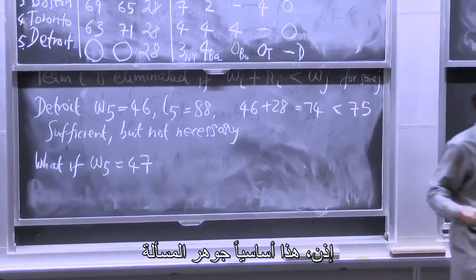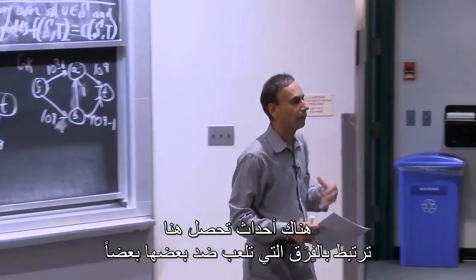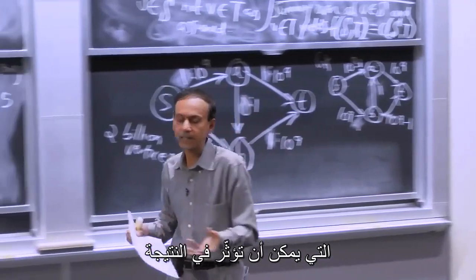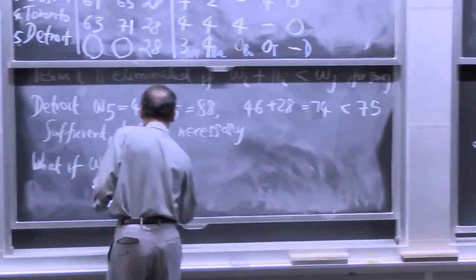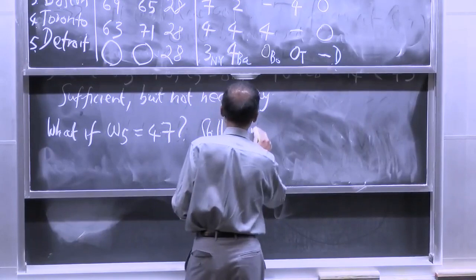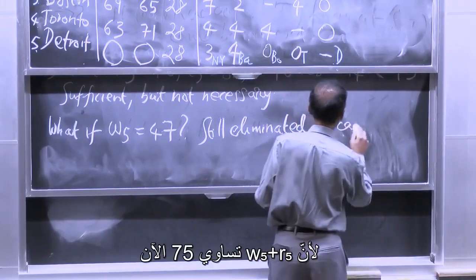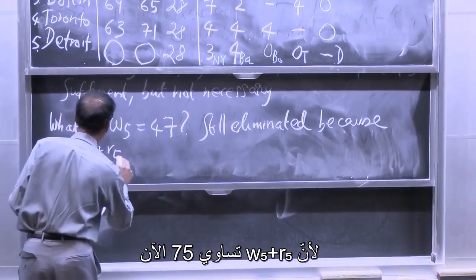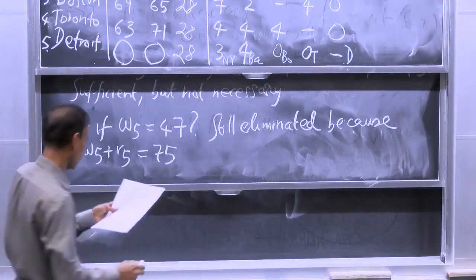So that's basically the essence of the issue. There's stuff going on which corresponds to teams playing each other that can affect the outcome. Okay? So let me write out what the gentleman just said. Still eliminated, boo-hoo, because W5 plus R5 equals 75 now. 47 plus 28 is 75.